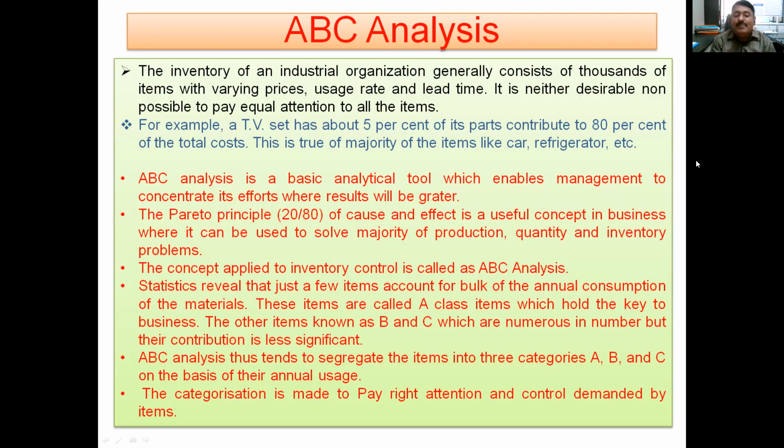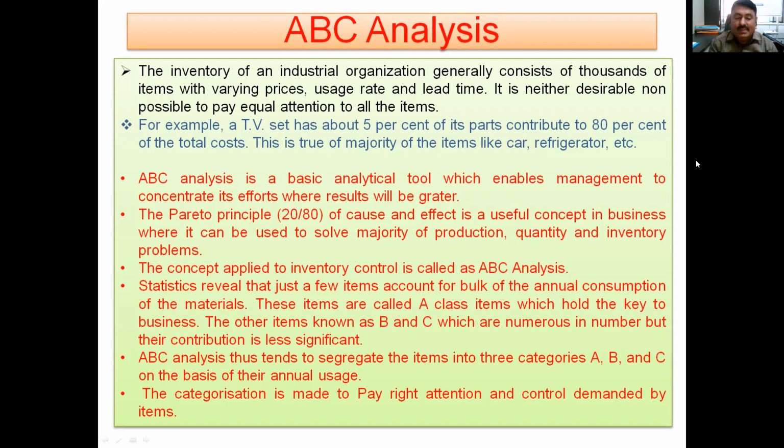ABC analysis is the basic analytical tool which enables management to concentrate its efforts where the result is greater. So ABC analysis is a tool which will enable the management to know where to focus more and where to focus less. The Pareto principle, the 20-80 principle of cause and effect, is a useful concept in business where it can be used to solve the majority of production, quantity and inventory problems.